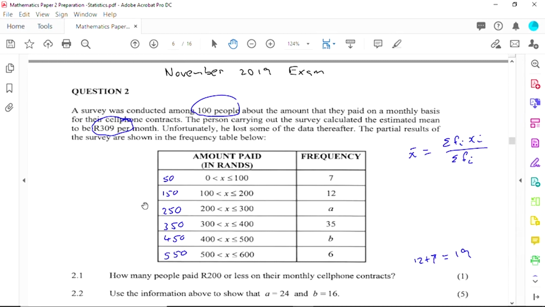And these are our xi, the midpoints of the intervals.